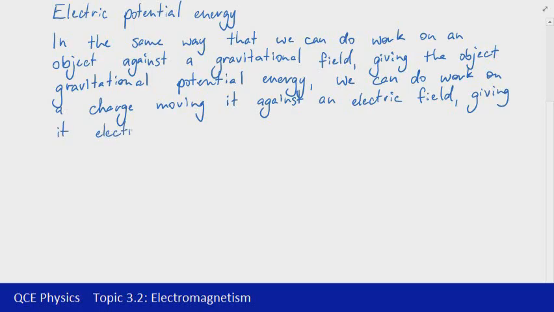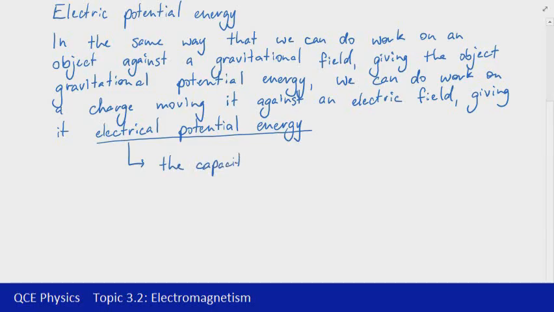Now, you could see in the header at the top of this video that electric potential energy is something that you do need to be able to define. So if we refer to the glossary here, this idea of electric potential energy is the capacity of electric charge carriers to do work due to their position in an electric field.